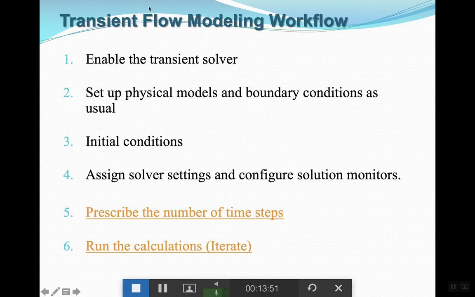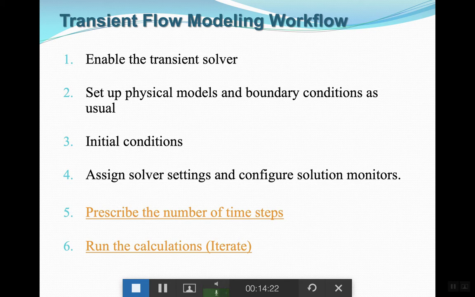So the workflow for a transient flow simulation is basically as follows. Although we have made it a little bit ANSYS specific, it's not actually very ANSYS specific, and you can apply the same logic to basically any sort of transient simulation.